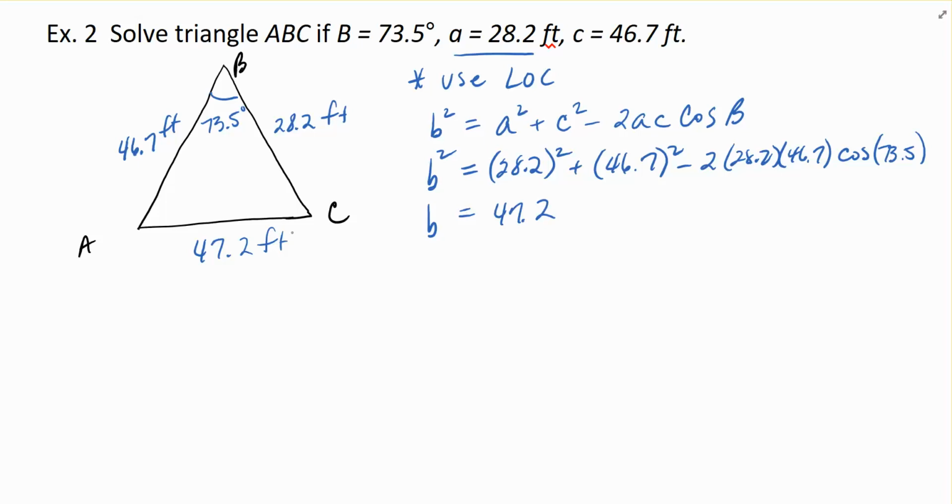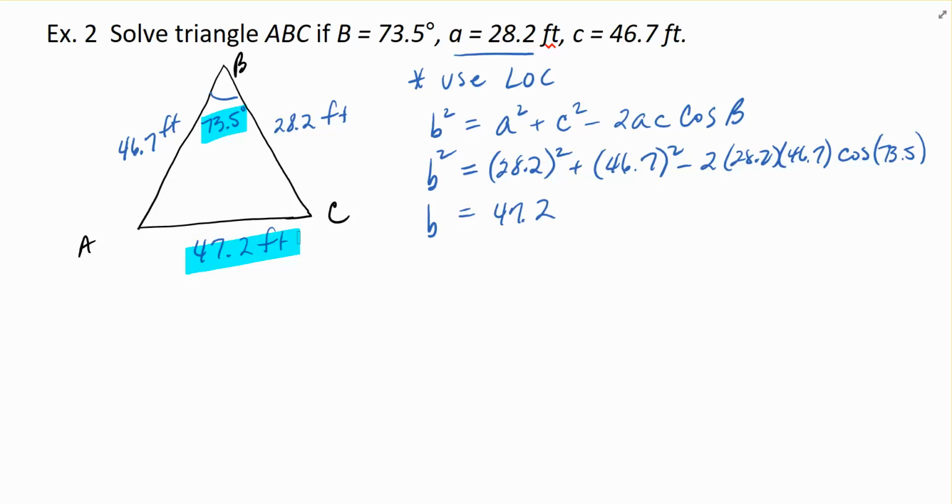So since we have a known angle and its side, we can use the law of sines as the known ratio and set up a proportion to find one of the other remaining angles. Now remember that ugly little ambiguous case that we noticed when we did the law of sines? We have to be careful that we don't inadvertently try to solve for an angle in this triangle and end up with an ambiguous case.